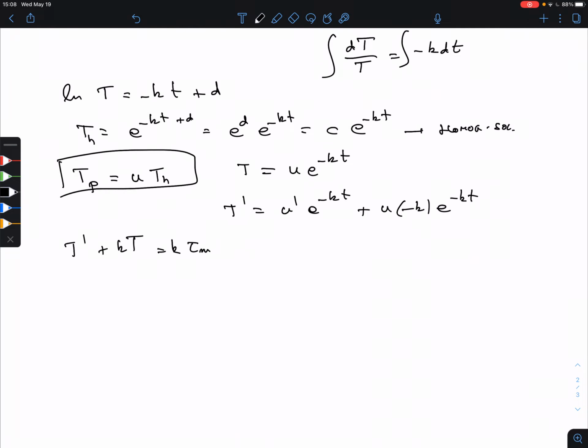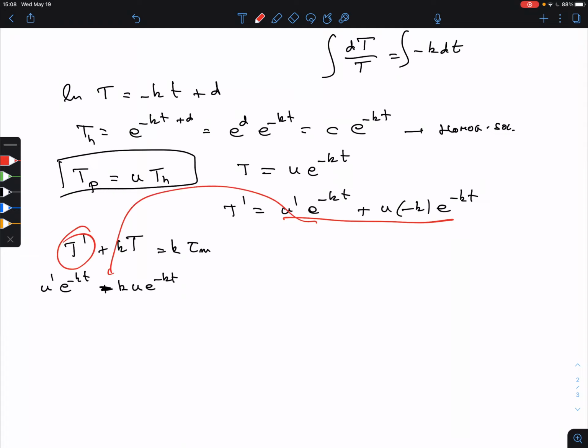So if I plug this in, what we get is u prime e to the minus kt, minus k u e to the minus kt. This is the T prime. Now I have to do k times T, so plus k u e to the minus kt equals k tau m.